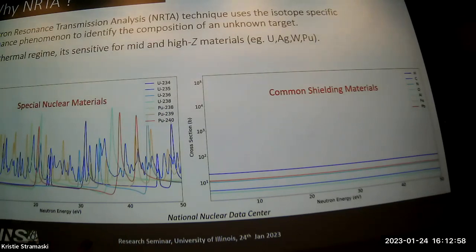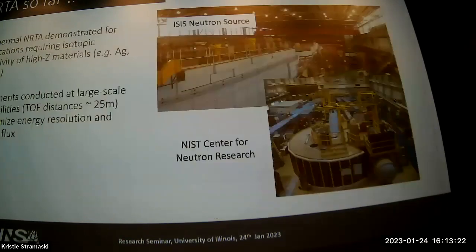There are resonances present for these elements, but they are at much higher energy. So when you have your special nuclear material shielded by one of these common shielding materials, you will not have any interference. So that's one of the very important properties of NRTA, especially for this application.